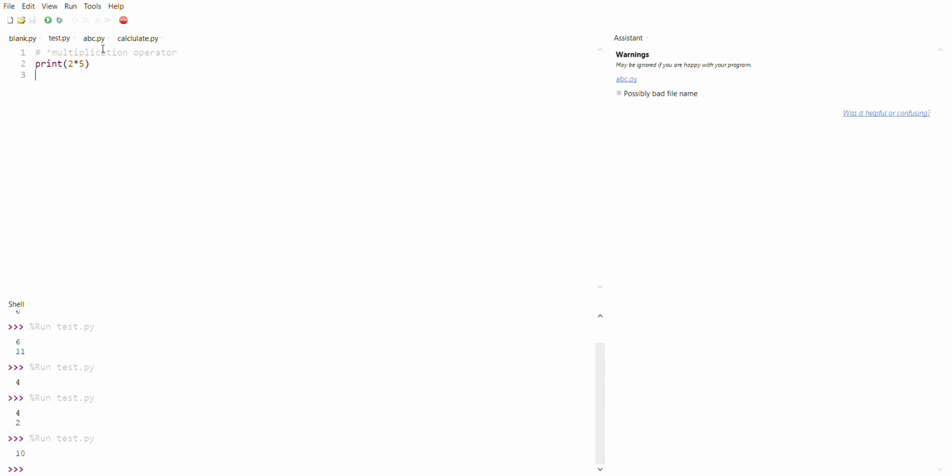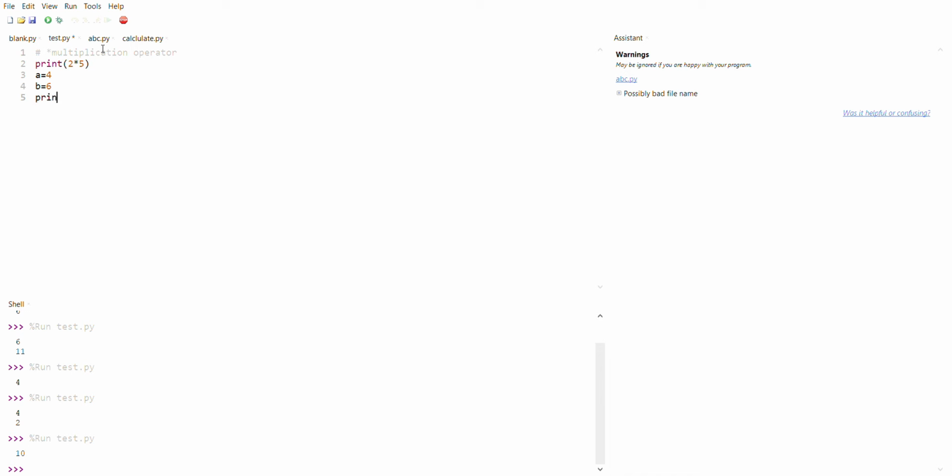Now, as we have done in the addition and subtraction operators, we can also use variables. A is equal to 4 and B is equal to 6.